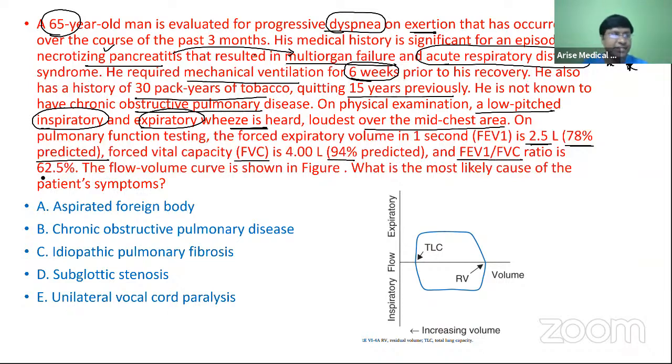The FEV1 by FVC ratio is 62.5%, that means it is reduced. The flow volume curve is shown in the figure. What is the most likely cause of this patient's symptoms? Aspirated foreign body, chronic obstructive pulmonary disease, idiopathic pulmonary fibrosis, subglottic stenosis, or unilateral vocal cord palsy?